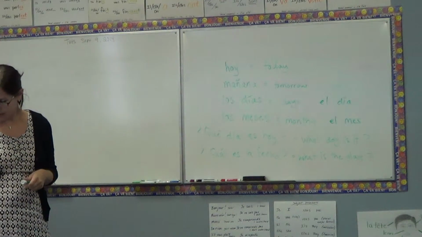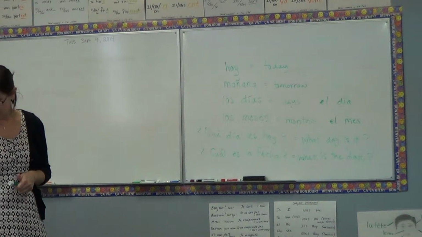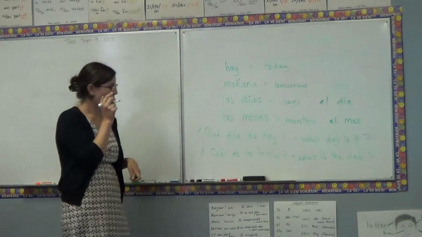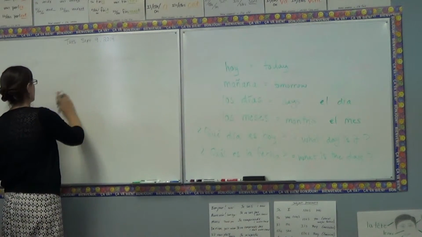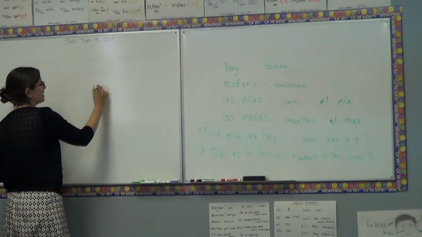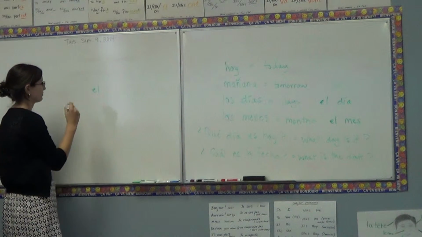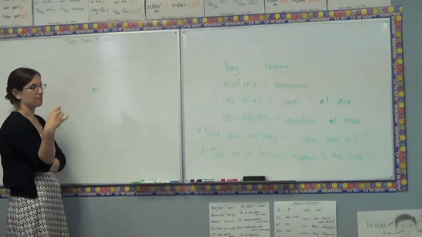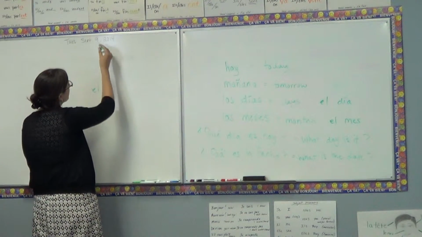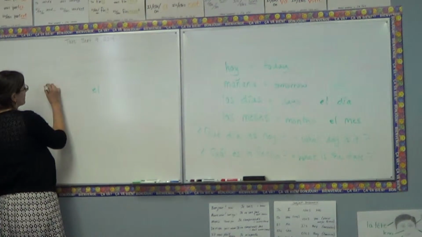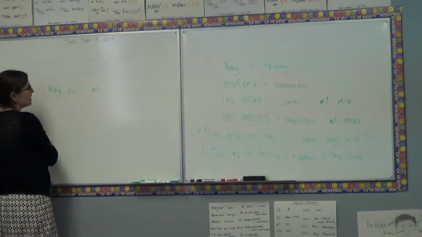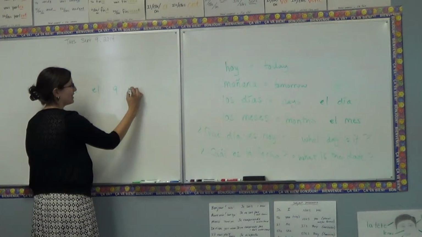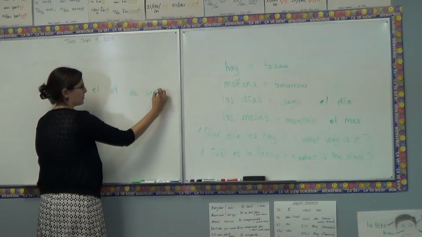And so over on page 15, they give some examples. So when we're writing out the date in Spanish, what we want to do is begin with el. Then we're going to do the number and then the month. So it's like it is in French. So for example, today we would say, if we want a complete sentence, hoy es el 9 de septiembre.